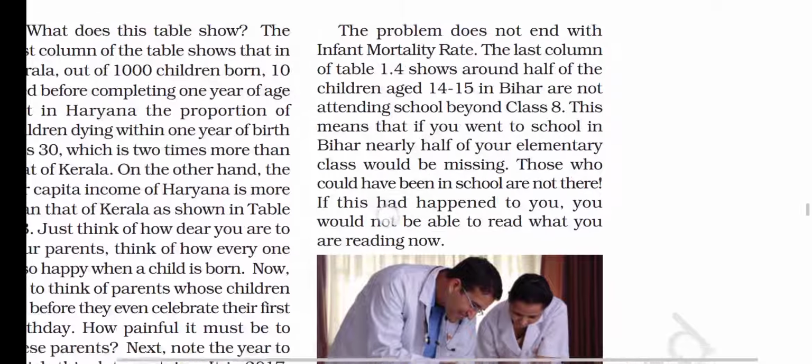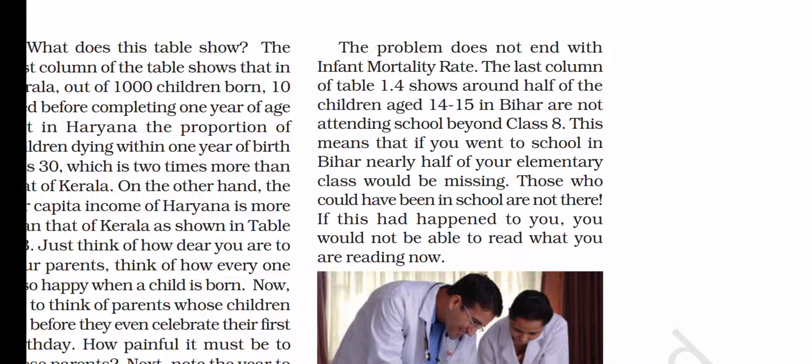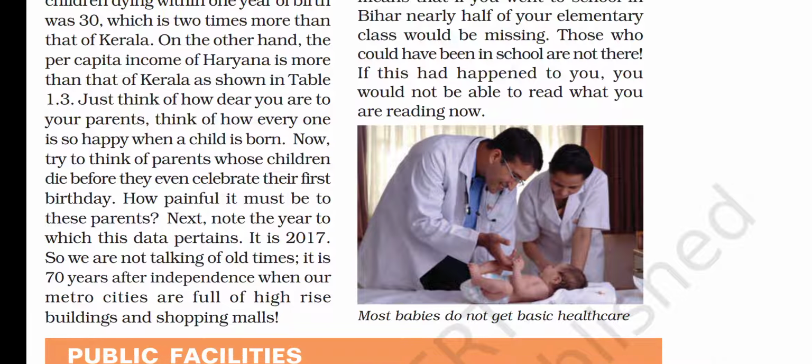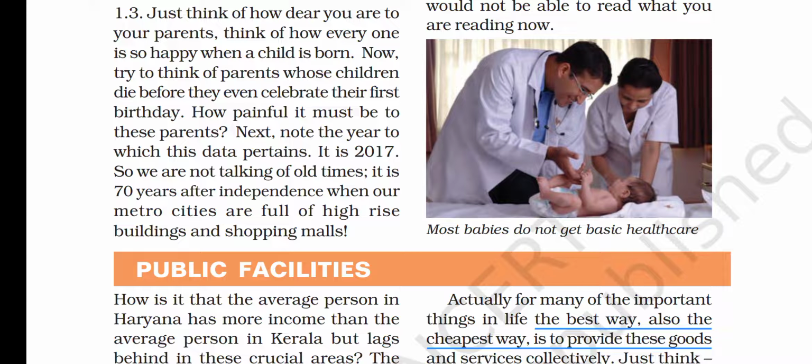Okay. We have seen by the comparison of the per capita income as well as some other comparative data on infant mortality rate, literacy rate, and the net attendance ratio, Kerala will be the most preferred state to live.